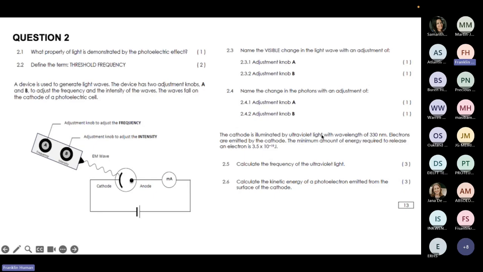Right. Another thing that you should look out for when you read your information, our wavelength is given in nanometers. If I want to know what the related frequency is, unfortunately, I cannot keep my wavelength in nanometers. I'm going to tell you why.